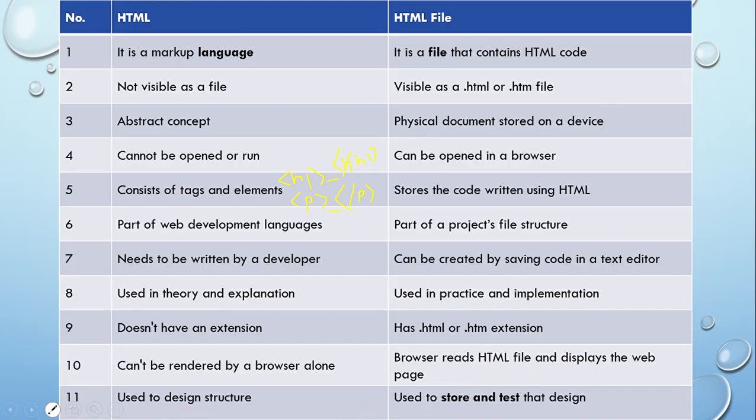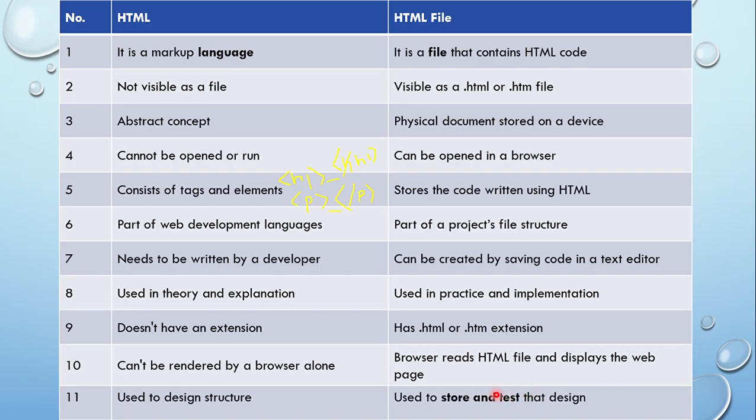Okay, next is HTML used to design the structure. This design structure means HTML tells the browser what goes where. But an HTML file lets you test and see your design.